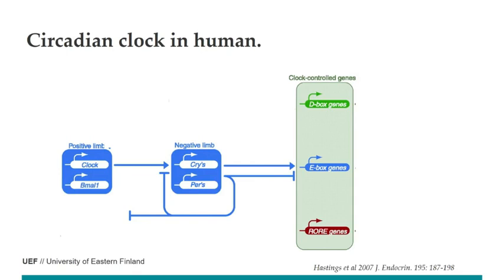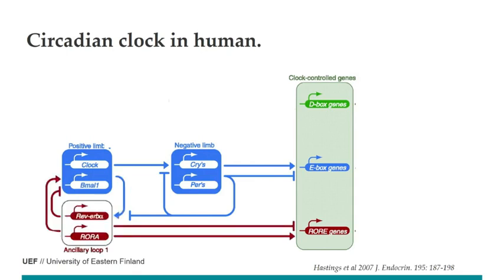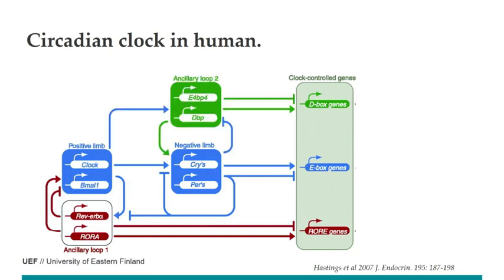And then the problem is that we have these kinds of ancillary loops. So we have other loops that are also activated or inhibited, and they are activating or inhibiting this first cycle. And then we have another ancillary loop that is again activated or inhibited, and this is activating or inhibiting different clock control genes. And even these ancillary loops are interacting with each other.